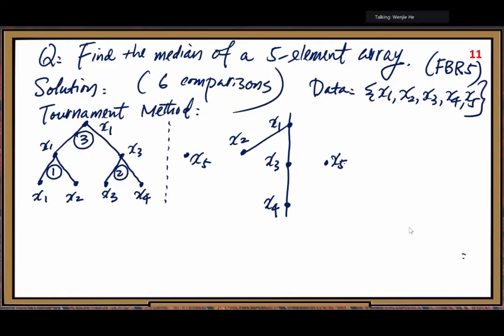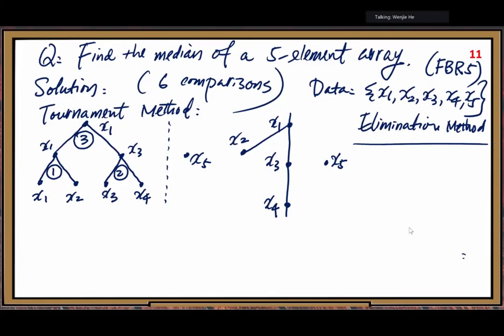We need to apply the elimination method in the next round, the second round. Apply the elimination method: which element has no chance to be the median?